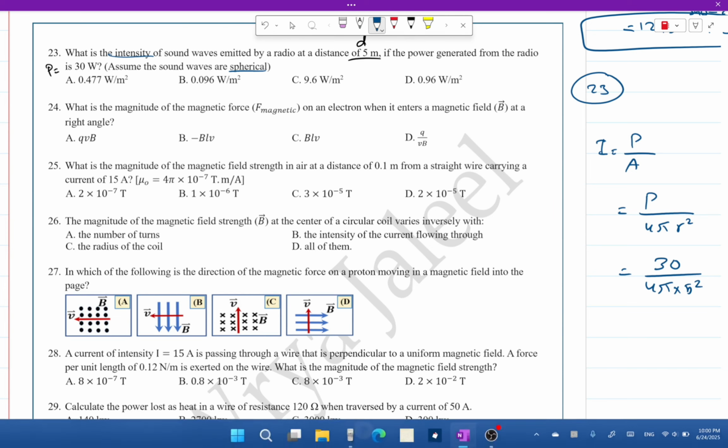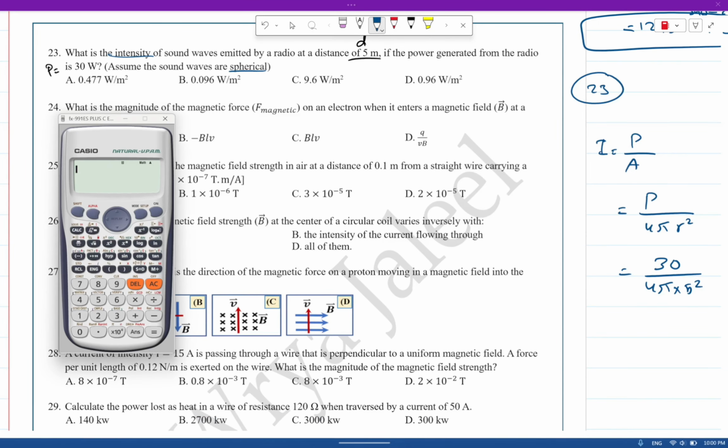So let's do the math. 30 divided by, open bracket, 4 pi multiplied by 5 squared, close bracket, and that is going to be 0.0954.